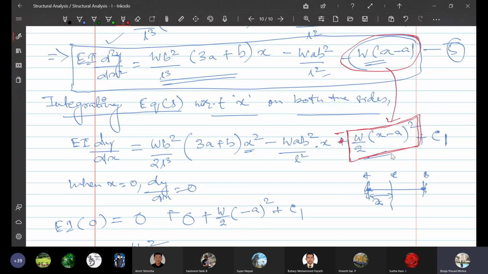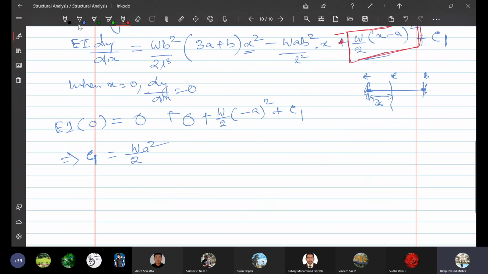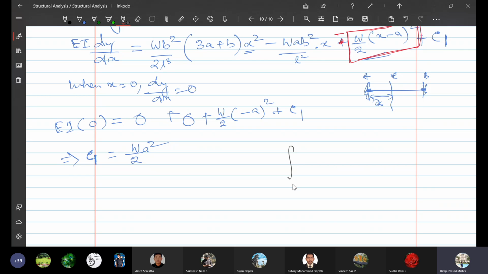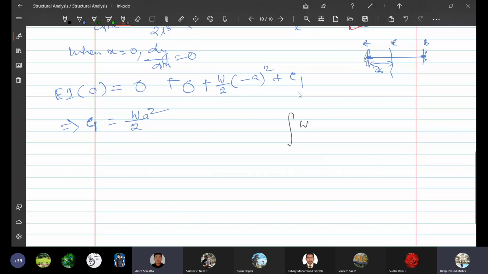So what is the general integration procedure? All of you have forgotten the plus constant. I'm doing the integration here: integration of W into x minus a into dx. If I integrate this, it will be integration of Wx dx minus integration of Wa dx.